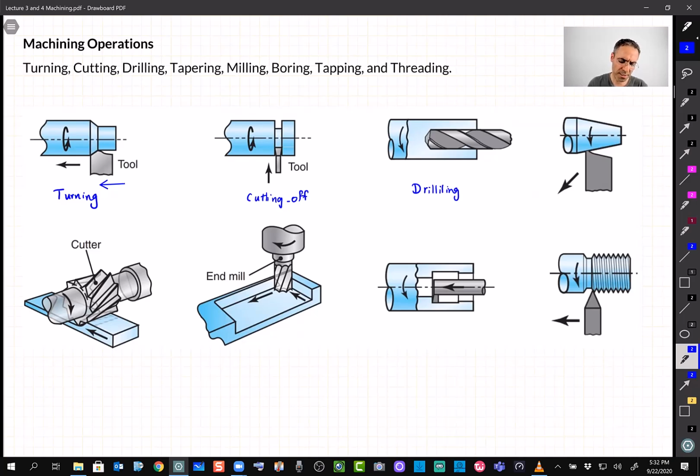The process on the top right is called tapering, which is very similar to turning. It's another turning process, except that this time the tool is moving in X and Y, so we get a slope.